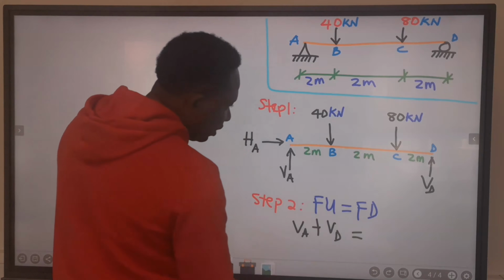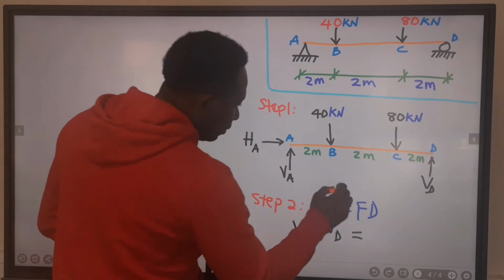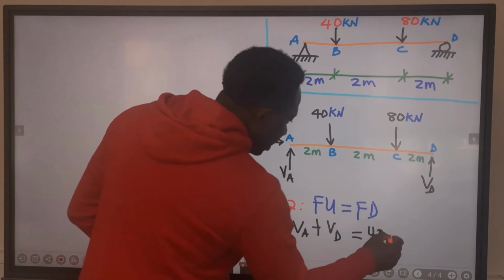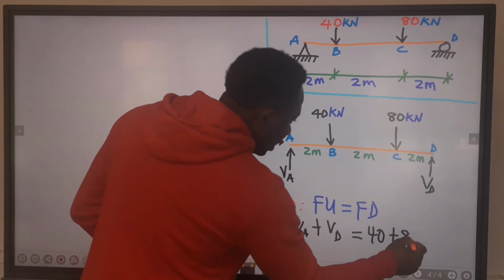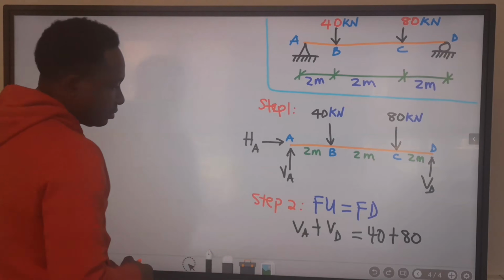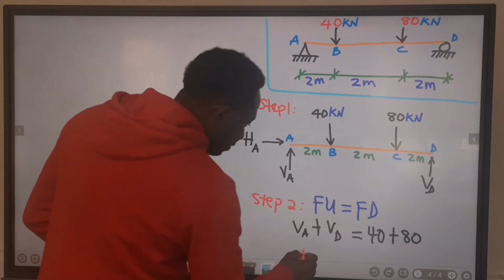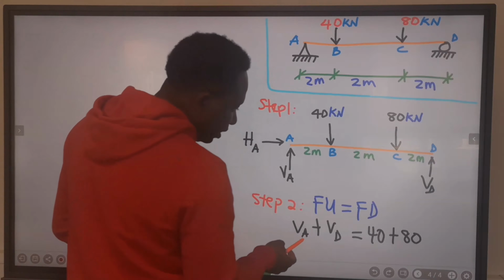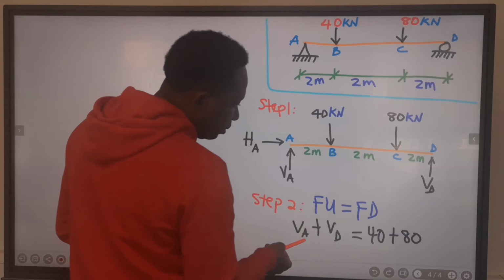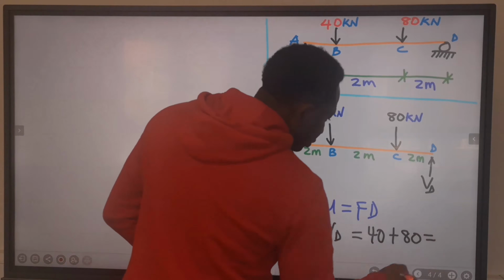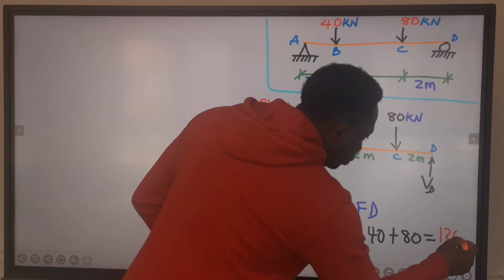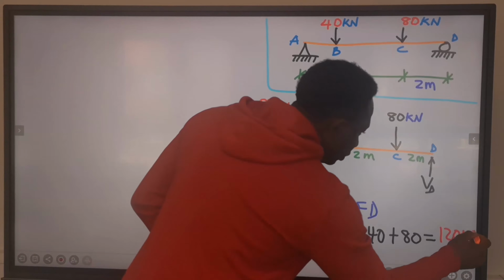Then for the forces coming down, 40 and 80 are all coming down. And the forces going up will be equal to 120 kilonewton.